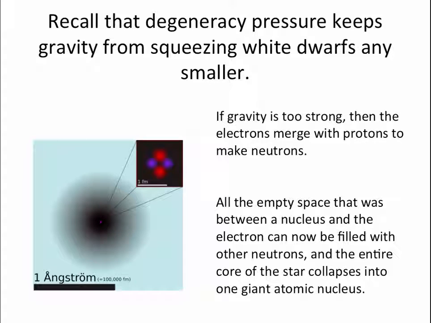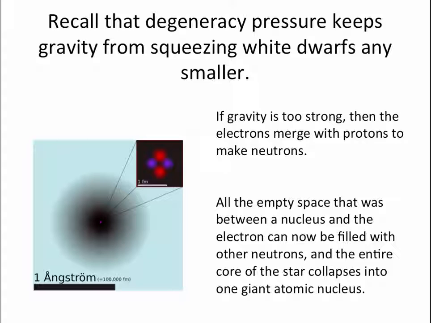Remember when we talked about atoms, that atoms are mostly space. We had this apple seed sized nucleus inside a football field sized atom. Now the electrons go away, and so suddenly the entire atom is the size of that apple seed. All this space opens up, and gravity can squeeze down the star really small. 1.5 times the mass of the sun gets squeezed into something that's only a few miles across.